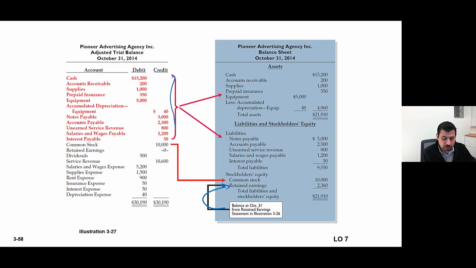We start with all the assets, and we take the balances from the adjusted trial balance, then the liabilities, and after that we take the common stock. All these are from the adjusted trial balance. The retained earnings amount comes from the retained earnings statement. And here again, total assets must equal total liabilities and stockholders' equity.